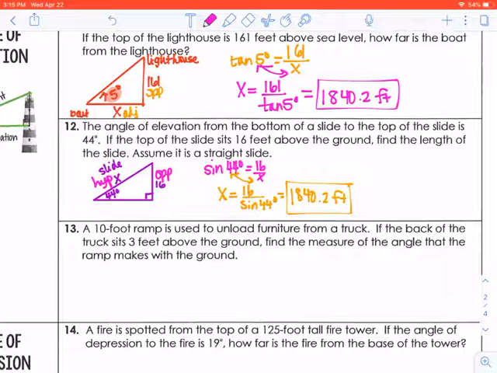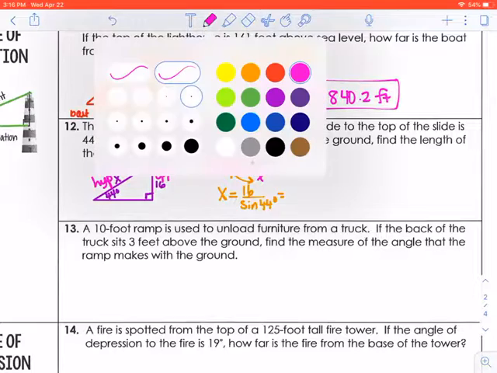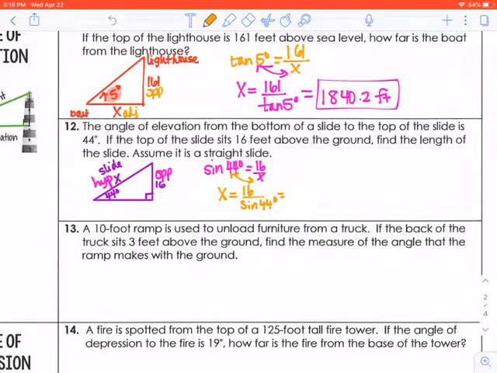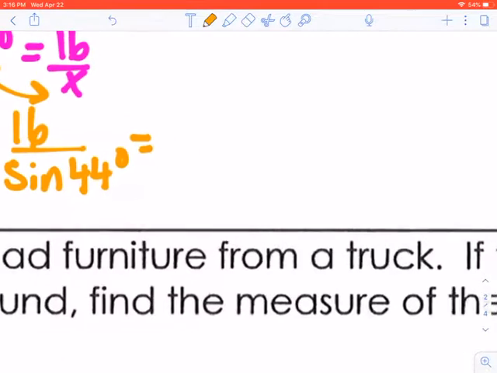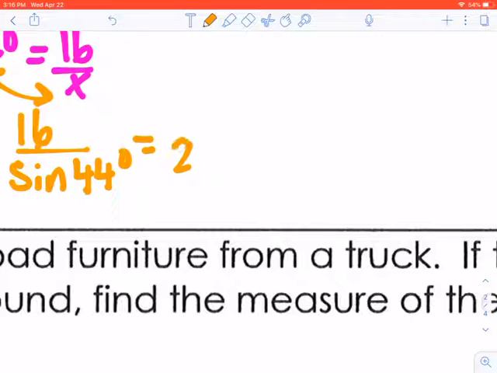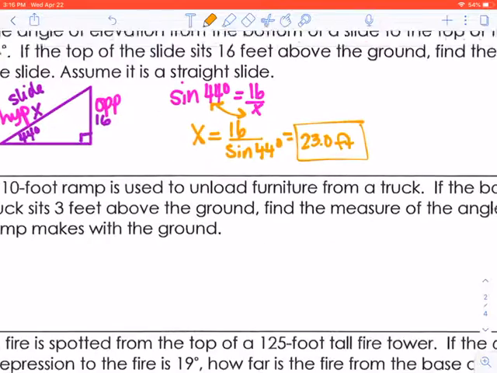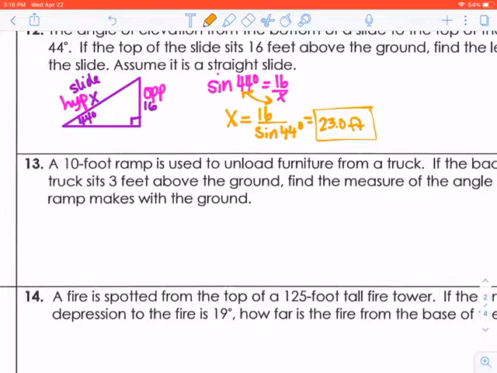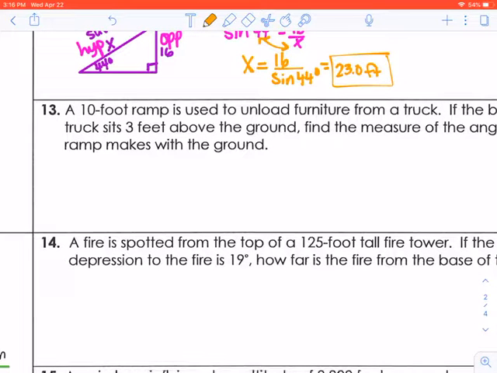Oops, I just realized I had the same answer written down. The answer for number 12 is 23.0 feet. So if you check your work, now it's correct. All right, moving on to number 13, and then we'll do a couple depressions and we'll be done.